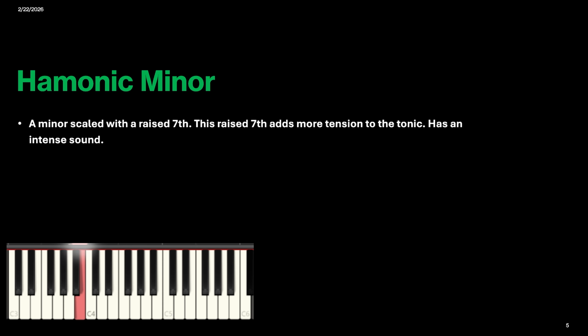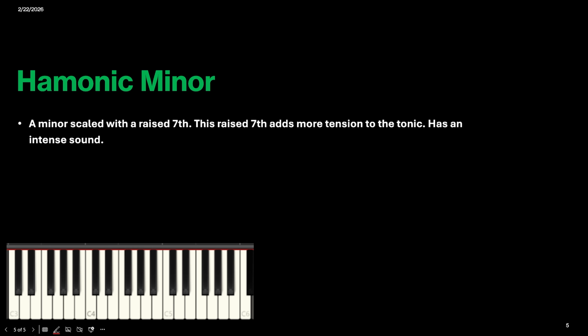See how badly it wants to resolve up? It really strongly wants to resolve up to the tonic. That's why it has an intense sound, because it really wants to reach that C.